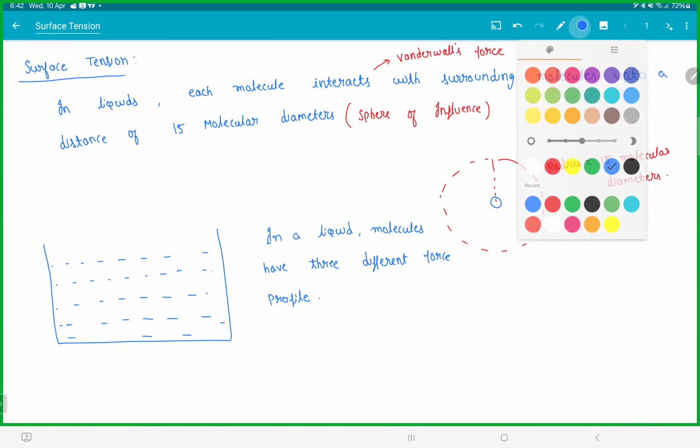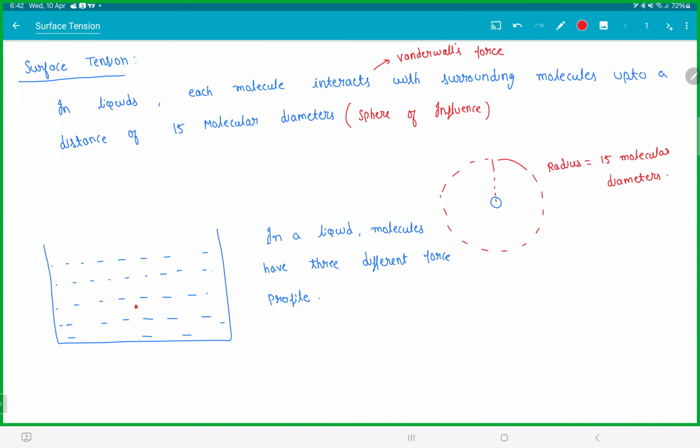So what is this? First one, the molecule inside the liquid, if you observe, is being attracted by every molecule in all directions. Getting it? So on this, the F net is 0. So the first one, molecules inside the liquid have net force 0.